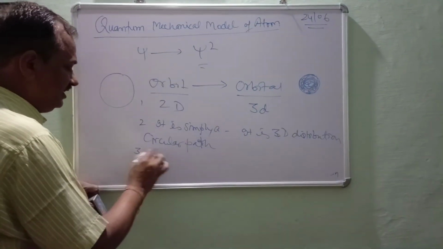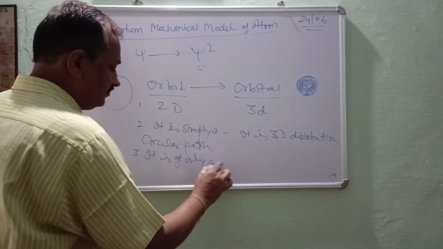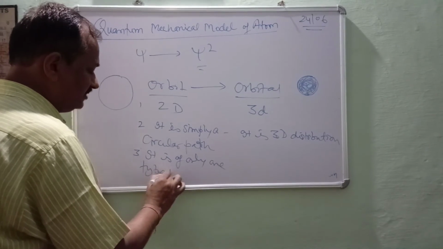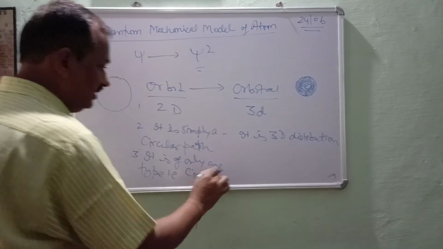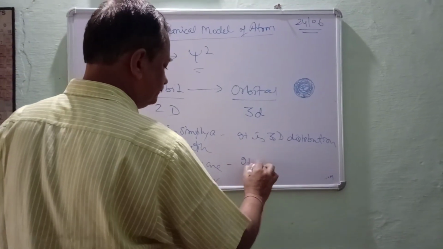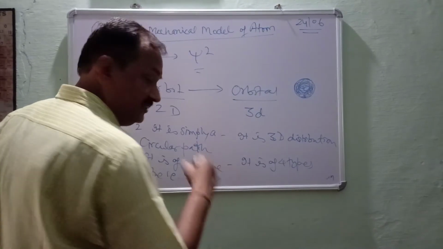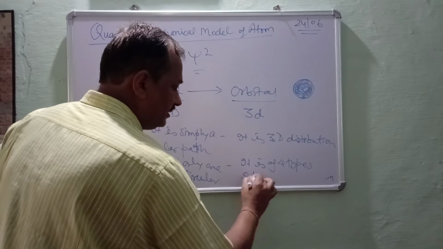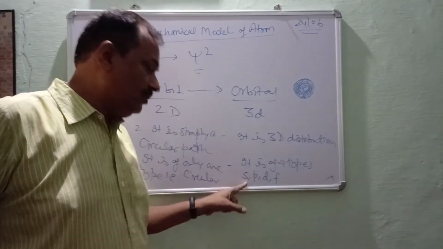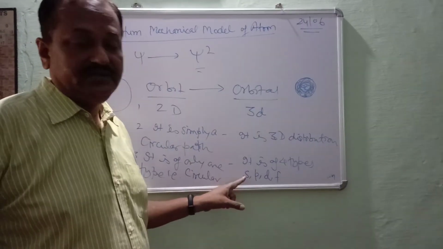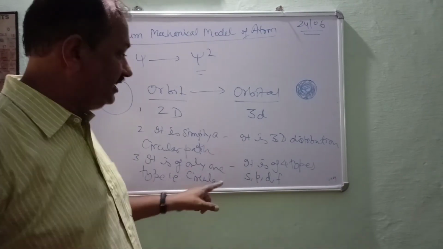Third: an orbit is of only one type, that is only circular, while an orbital is of 4 types: s, p, d and f. Keep in mind that we always write these in small letters. These are the 4 orbitals, which we'll see later on.